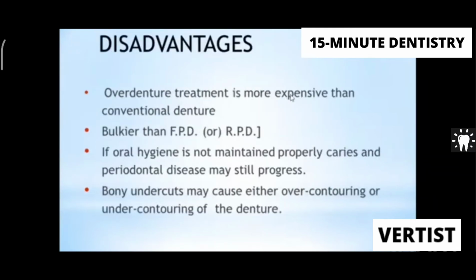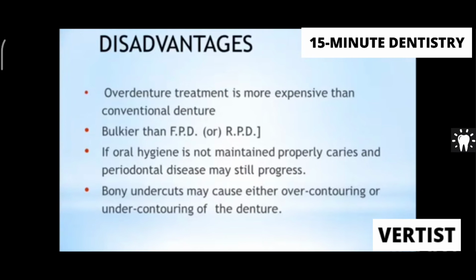But any treatment cannot go without disadvantages. Every treatment has advantages and they have disadvantages also. So overdenture treatment is very expensive because, as I said, it involves all the endodontic treatment, everything. It is bulkier than FPD or RPD, obviously, because you have the tooth roots, on that some coping, on that the attachment, over that the denture base, over that the teeth.